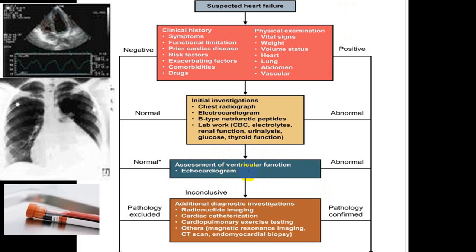depending upon the ejection fraction, we classify them into three groups. One, normal, where ejection fraction is more than 60. The second group, systolic dysfunction, where ejection fraction is equal to or less than 40.